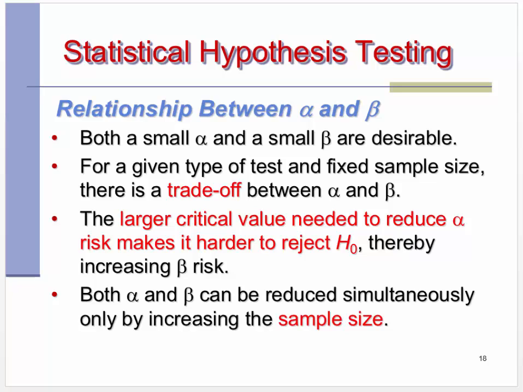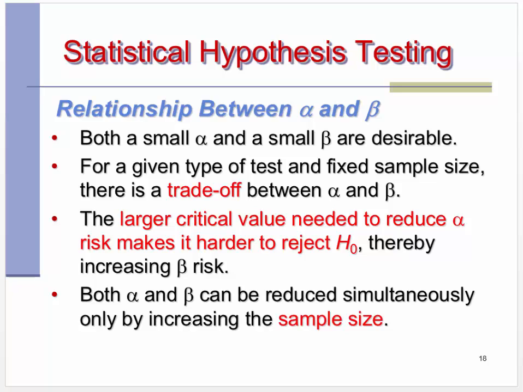If we let more people walk free, we are, in fact, increasing our chance of letting more criminals walk free as well. If you let more criminals walk free, what does that mean? It means we're increasing beta, or the type 2 error. So by reducing alpha, type 1, we're increasing beta, the type 2. So that's why.